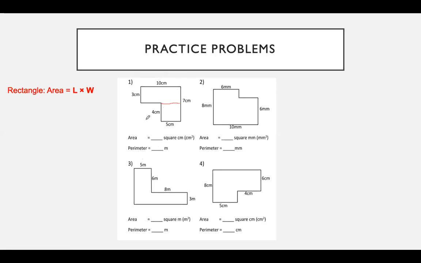So for the area of the first rectangle, we do length times width. The length is 10 centimeters, so 10 times, what do we have for the width? 3, equals 30.